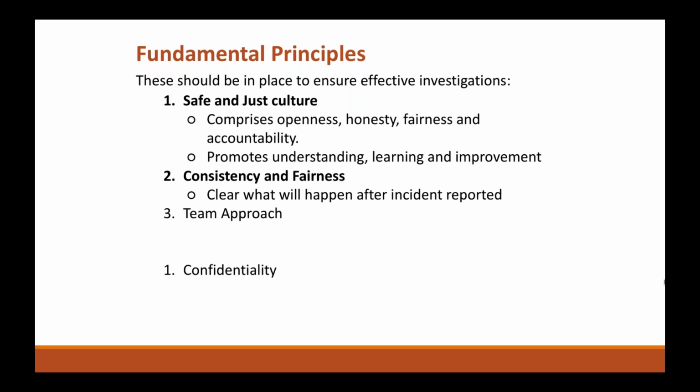It needs to be clear to staff in advance what will happen after the incident is reported. So when staff are reporting an incident, they need to know what is going to happen with what they're reporting and what an incident investigation looks like. So this again goes back to what we were saying about the value of conducting an incident investigation even before a real incident that requires it comes up.